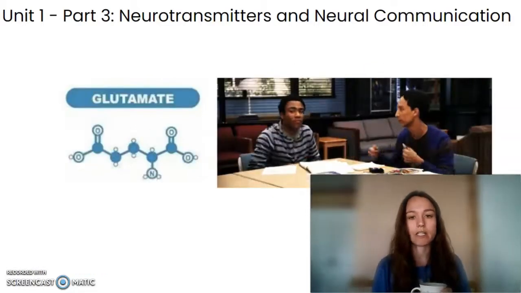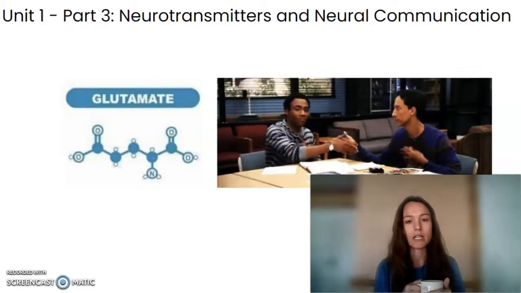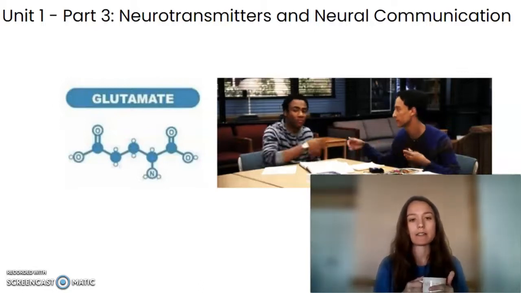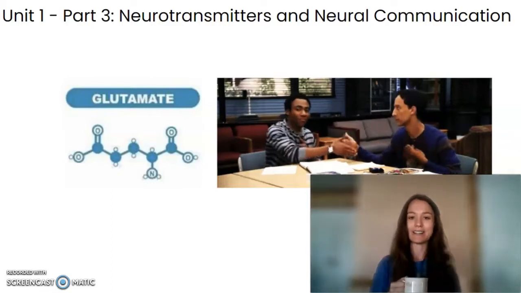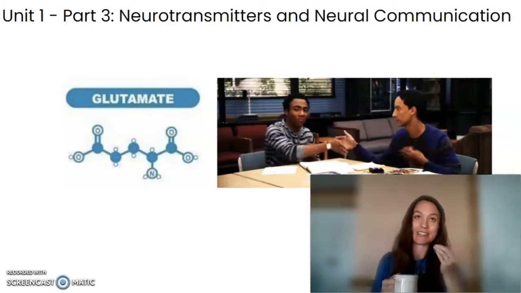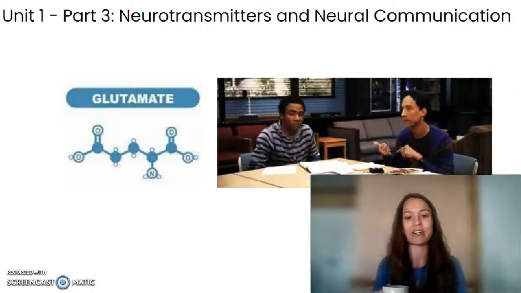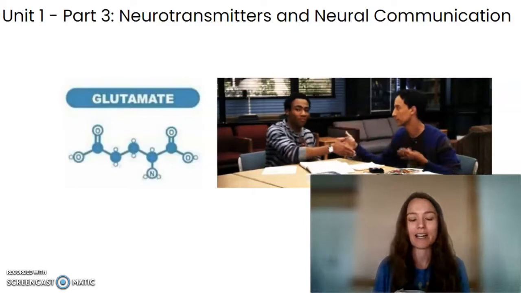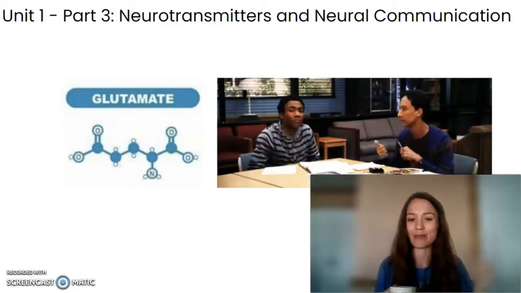All right, the next one is glutamate. Glutamate is a neurotransmitter that's responsible for learning and memory. And this is a neurotransmitter that's excitatory. It gets your sensations, or it's activating something in your brain. I remember glutamate by thinking of "mate" as a friend, somebody who's your best bud.